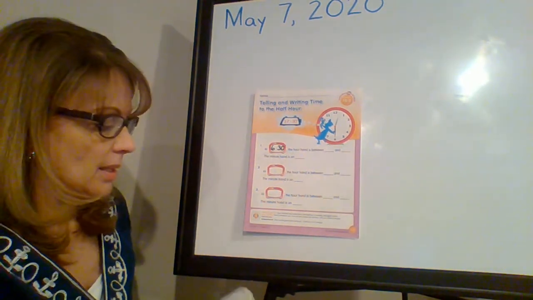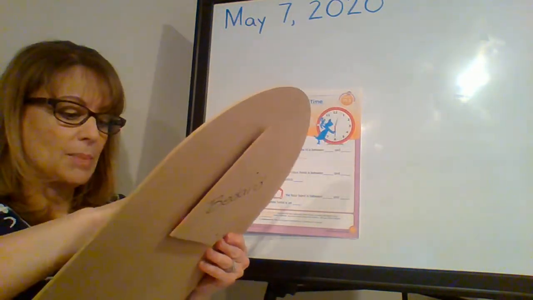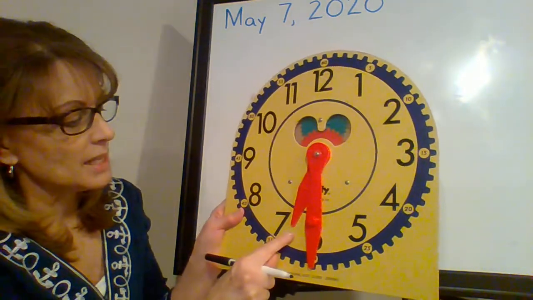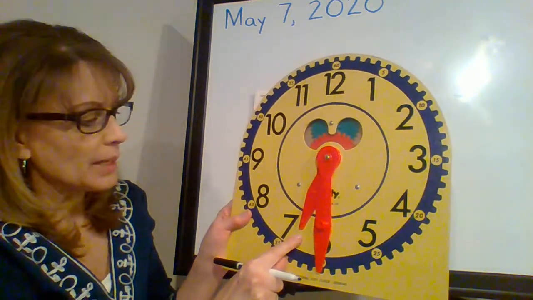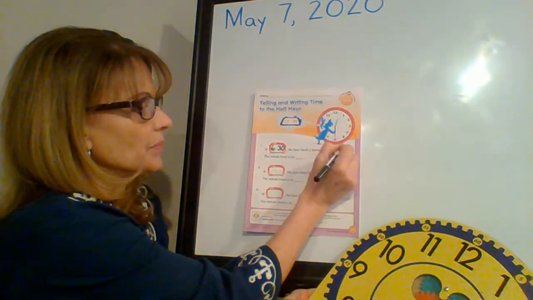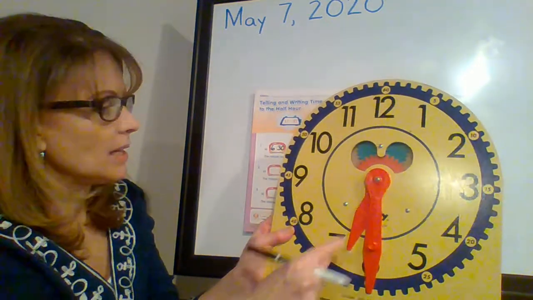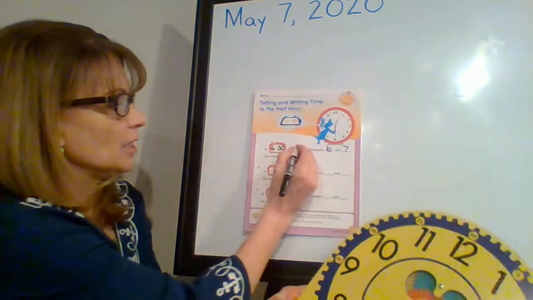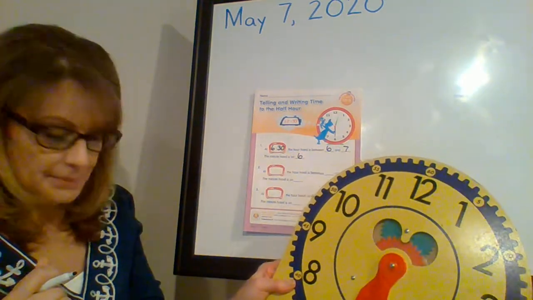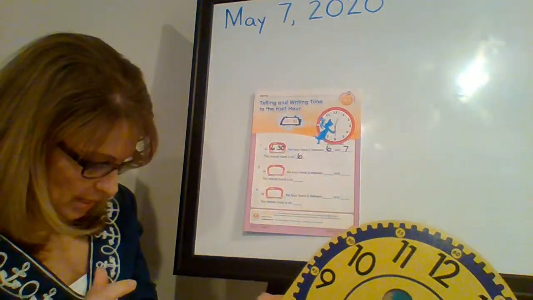So you can make your clock show 6:30, and you can see that the hour hand is between 6 and 7. The hour hand is between 6 and 7, and the minute hand is right on the 6. You see that? Minute hand's right on the 6. Okay?